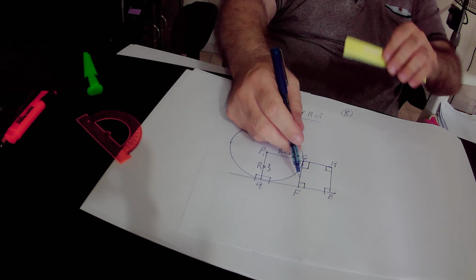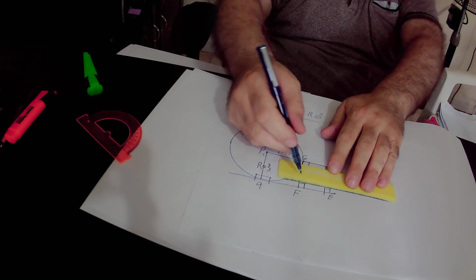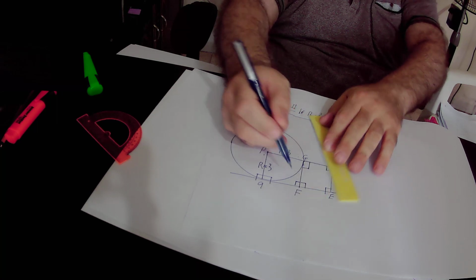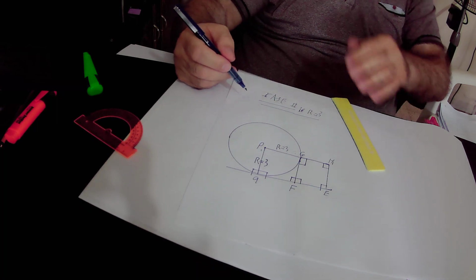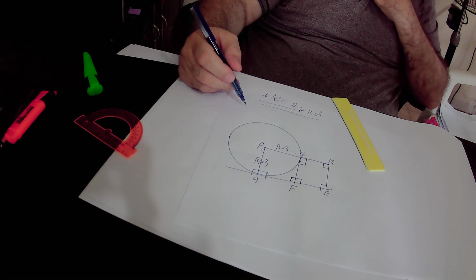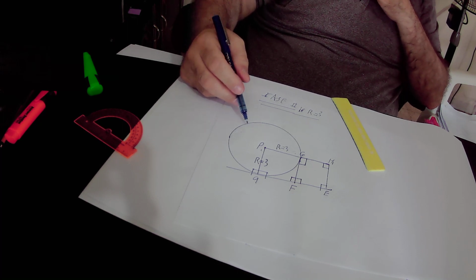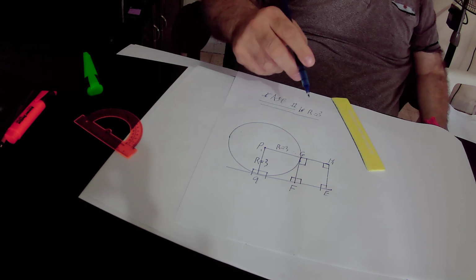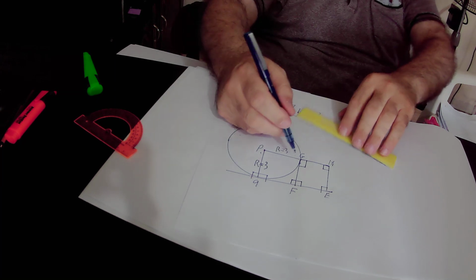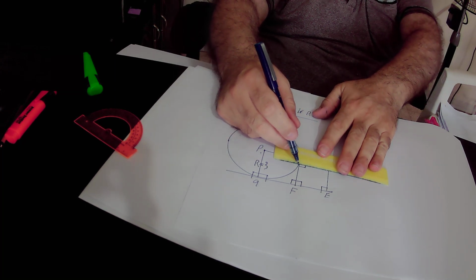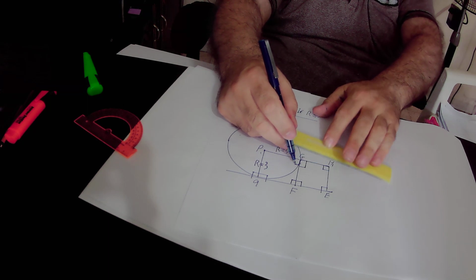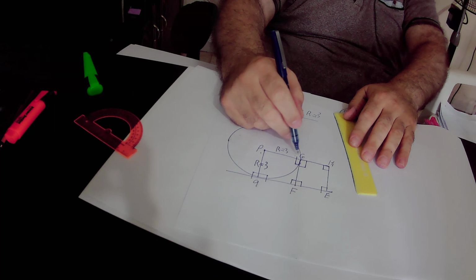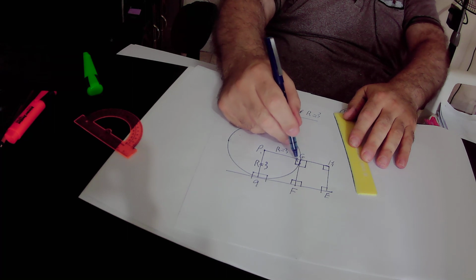This angle equals 90 degrees according to rule number 3. So inside quadrilateral PGQF, we have this angle equal to 90 degrees according to rule number 1. We have the radius PG perpendicular to the point of tangency, therefore this angle equals 90 degrees.